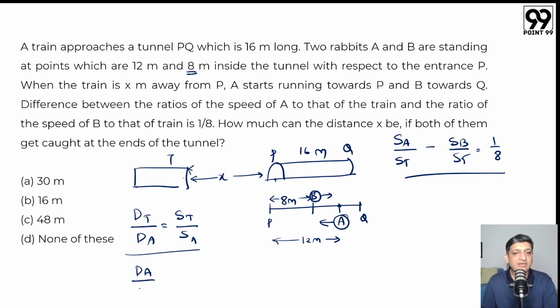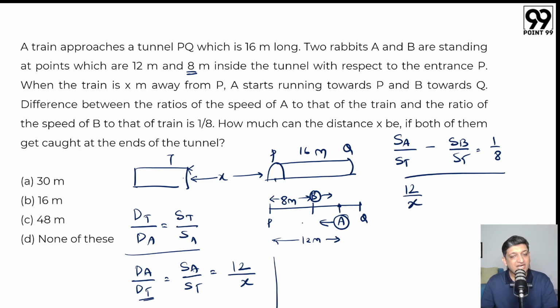We'll get distance covered by A upon distance of train will be nothing but speed of A divided by speed of the train. But in this case, what is the distance covered by A? We know that A would have covered 12 meters. What is the distance covered by the train? It is going to be X meters. So I know that the first part of this equation is going to be 12 by X.